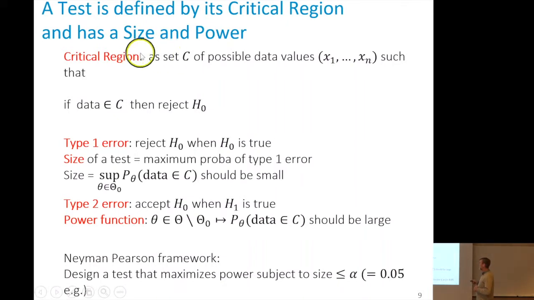One way to formulate that is to say for every possible value of the input, I can decide. Since the decision is binary, this is equivalent to defining a subset of all the possible outputs of the data. This is called the critical region. The critical region is the set in which we reject H0. So a test is defined by a critical region and must be defined before we have the data.